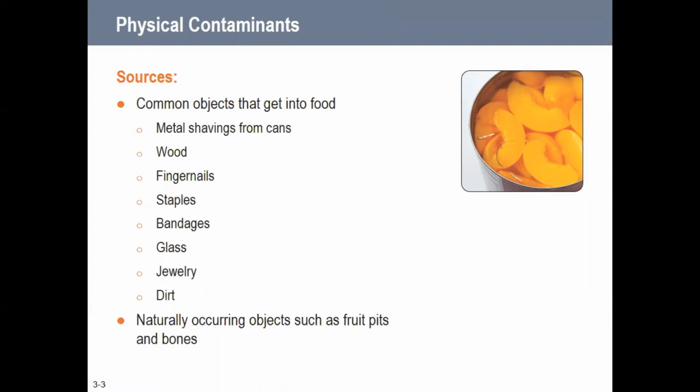We can also find naturally occurring objects like pits, bones, especially fish bones, or even little chicken bones, which, yes, are naturally occurring, but we don't eat those. Since we're not eating those, that is considered a physical contaminant.